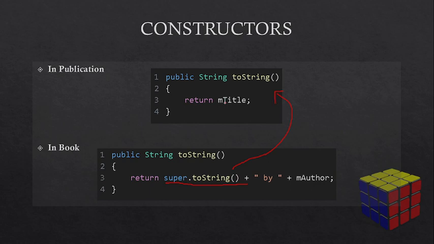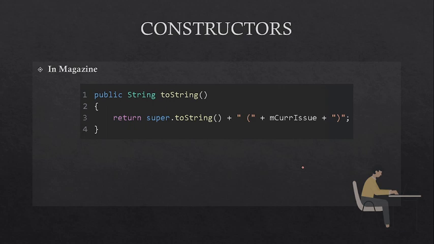Okay, so ang bag-o lang diri is i-combine ang title and then by and then combine in the name of the author. And then sa magazine naman, so again, combine na siya ang super to string that is inherited from the publication. So i-display ang title plus and then ang current issue.